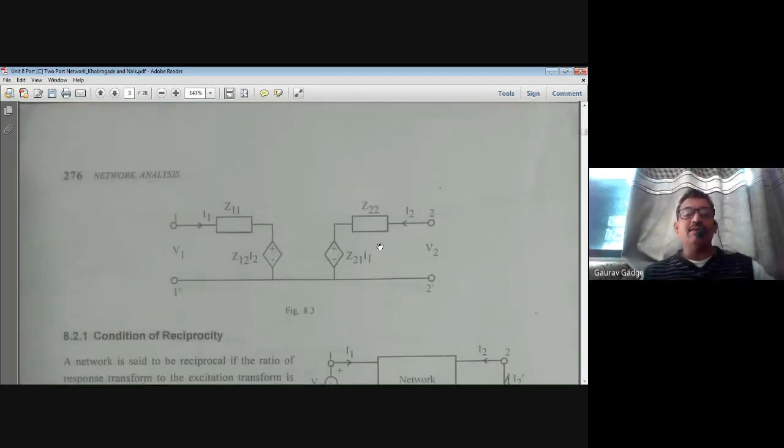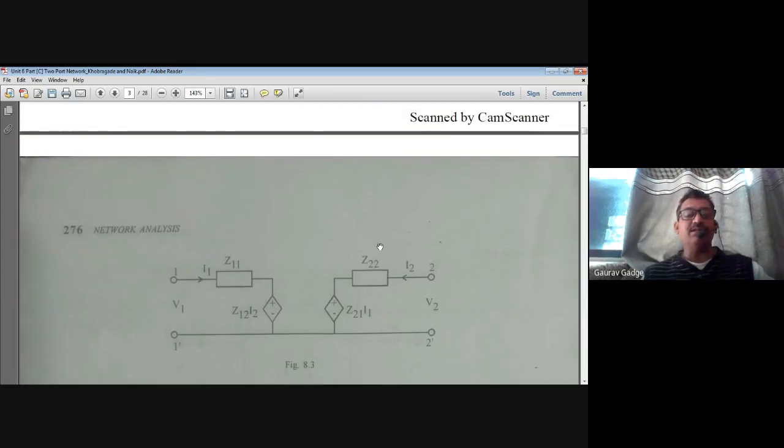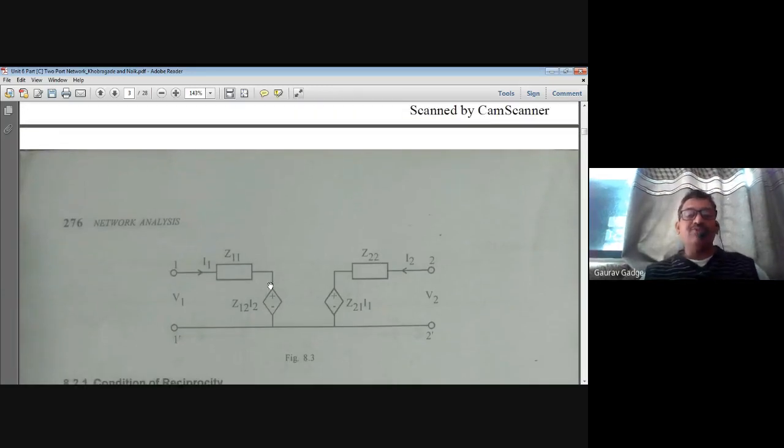Those equivalent equations can be represented in this particular circuit. As we already said, I1 and I2 be the independent currents and V1, V2 be the dependent voltages. Now, V1 is equal to Z11 I1 plus Z12 I2. So this particular symbol is representing the dependent voltage source.